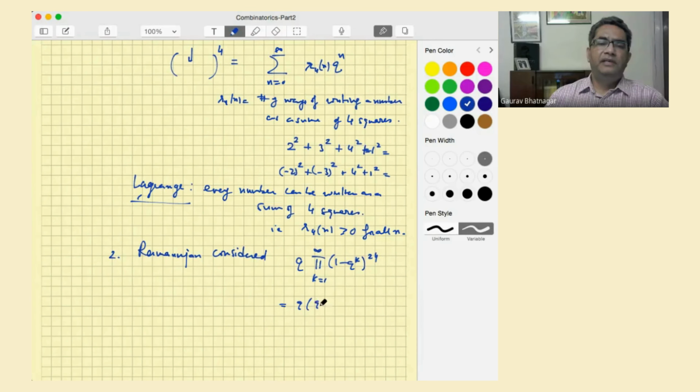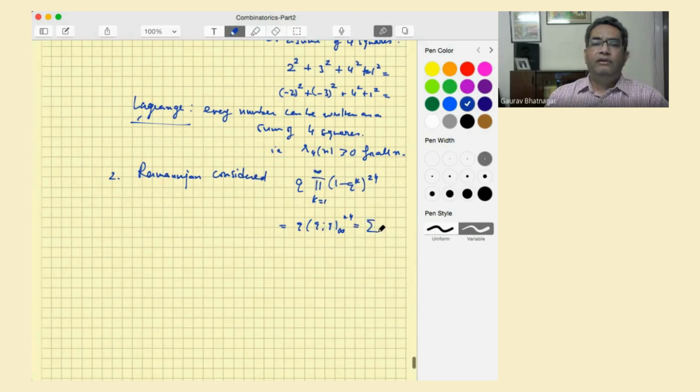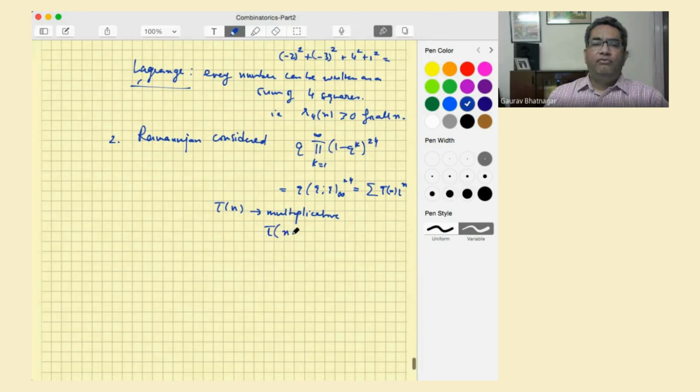I mean, he basically did q infinity raised to the power 24, and he wrote it like this, and he proved many things about this. So tau of n turns out to be multiplicative. That means that tau of n times m is equal to tau of n times tau of m.